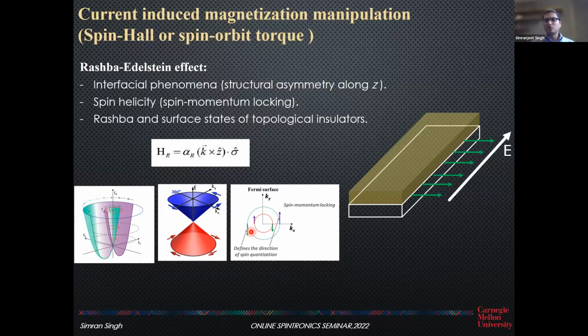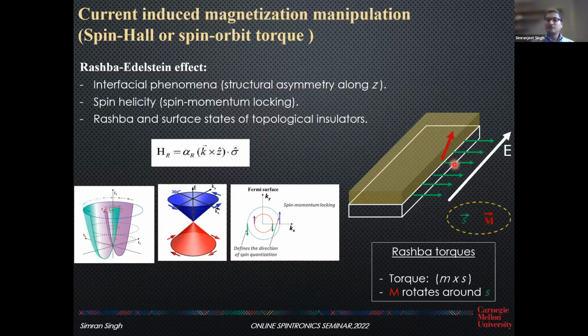If you take this kind of system and apply an electric field, you generate in-plane oriented spin currents. And again, if you put a ferromagnet near it, these spin currents can interact with that magnetization and put a torque on it, and you can use that to induce some kind of control or manipulation.